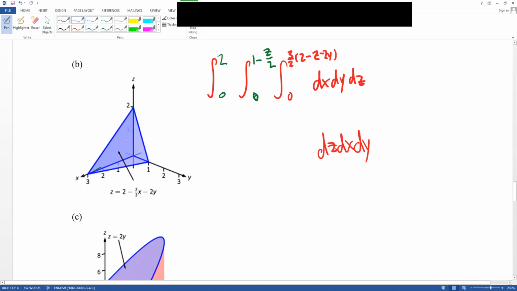That means first I consider a vertical line, starting from the bottom plane and then going up to the inclined plane. So again, I go from 0, and then the z position of this point is given by this: 2 minus 2 divided by 3 x minus 2y.